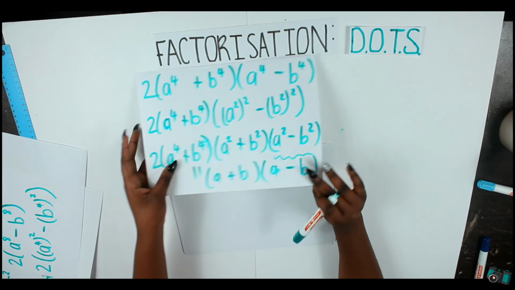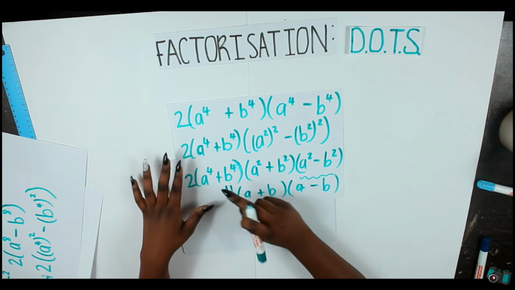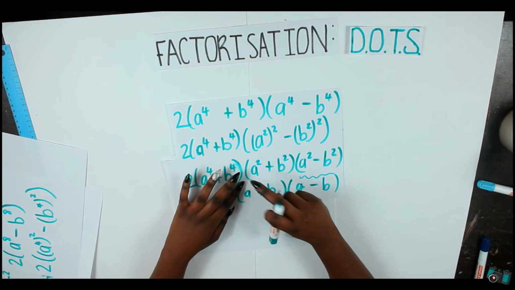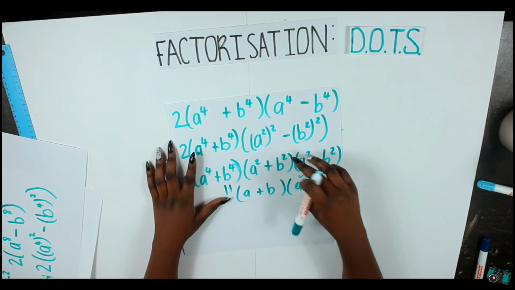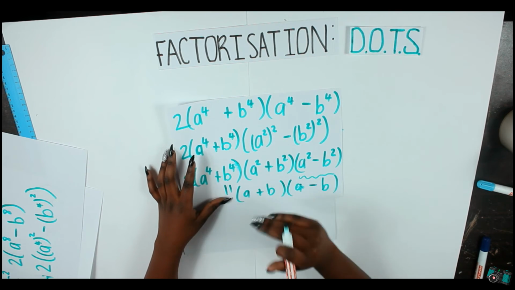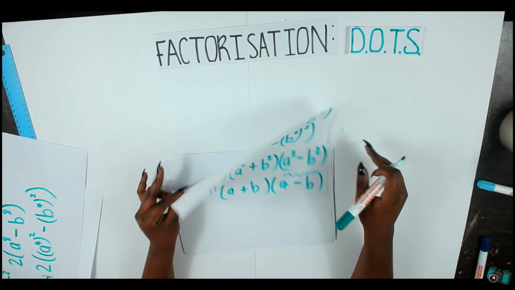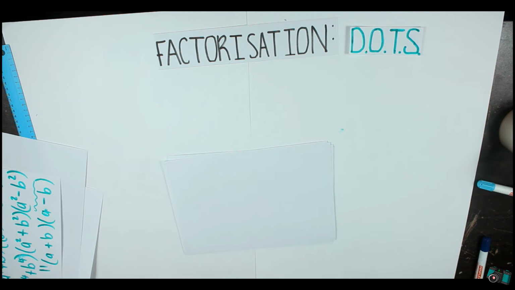And that is your final answer: 2 open bracket a to the power of 4 plus b to the power of 4 close bracket, open bracket a squared plus b squared close bracket, open bracket a plus b close bracket, open bracket a minus b close bracket. And that is the difference of 2 squares.